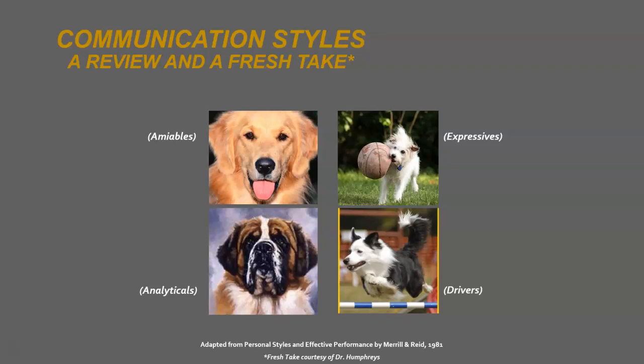So the Golden Retriever, the St. Bernard, the Border Collie, and the Terrier. If you can kind of think of those breeds, if you're a dog person, if not, there's definitions too. If you can think of those breeds and kind of imagine that maybe to help you learn.